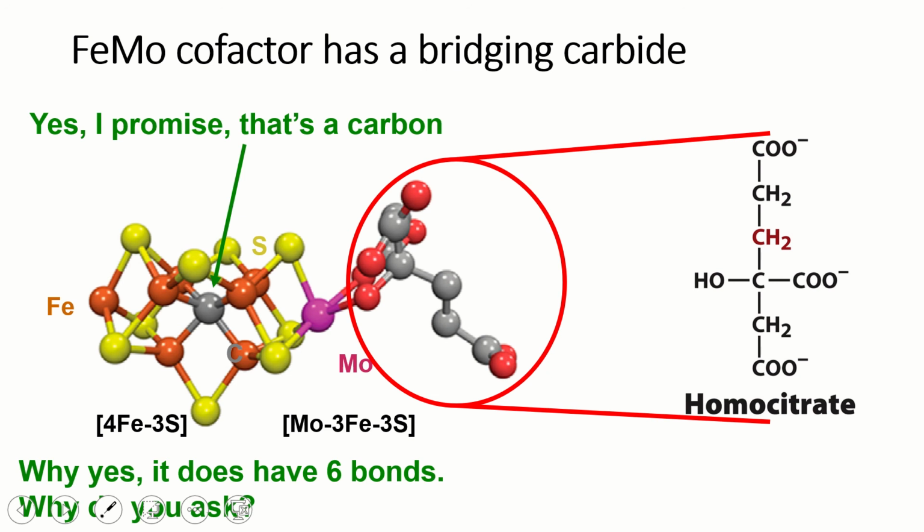It's a very interesting feature, in addition to the already interesting feature of molybdenum within this cofactor, which is not a common metal amongst metallic cofactors. And so this is the site of nitrogen reduction to ammonia in nitrogenase.